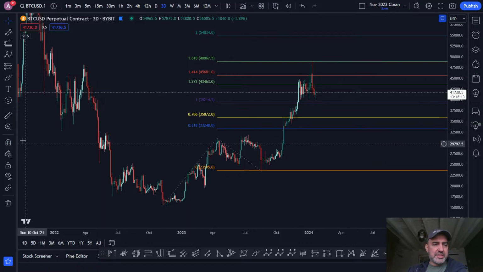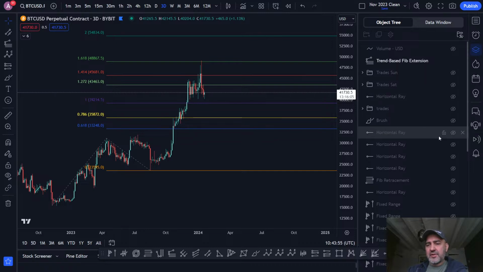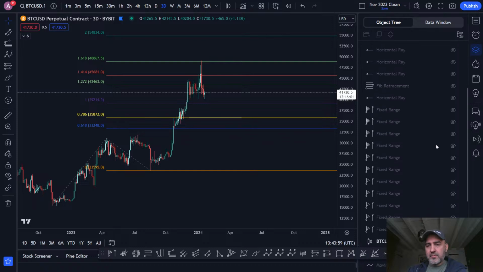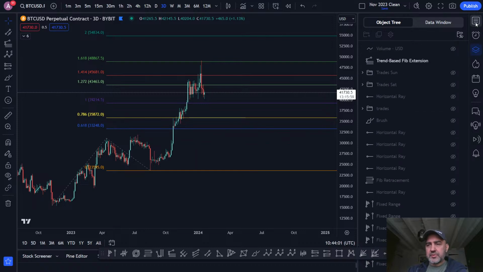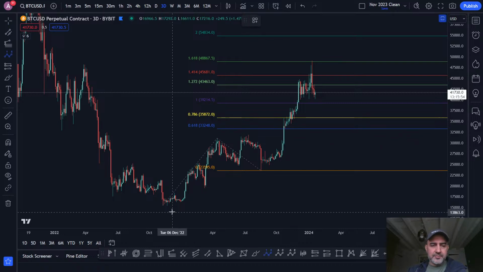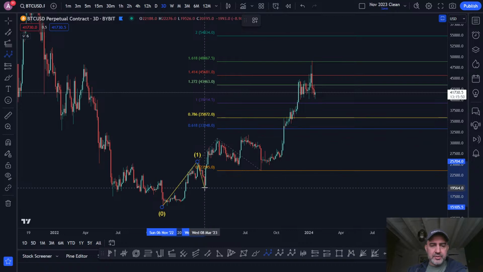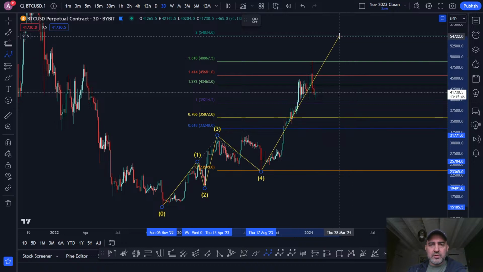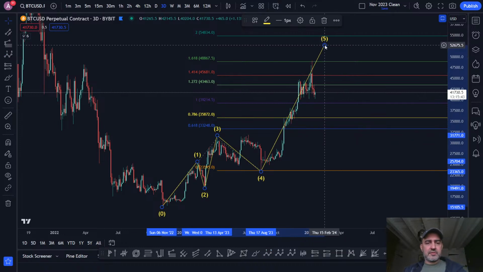He was saying, because we didn't have an expansive 1 or 3, the Elliott wave count that he's contemplating is, I'll just quickly draw it again, a 0 to 1 to 2 to 3 to 4 to 5.